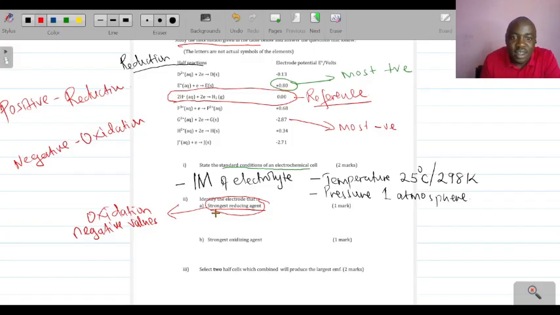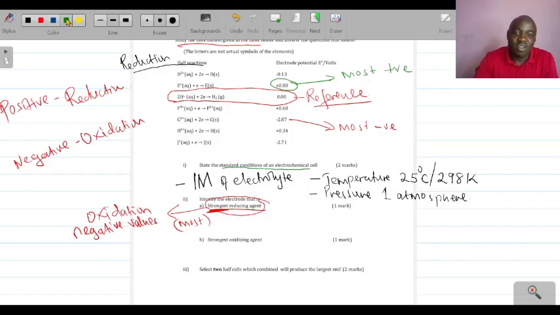Because the word is the strongest, which one is the most negative? If you look, how many values are negative? There are three: negative 0.13, negative 2.87, and negative 2.71. So which is the most negative?